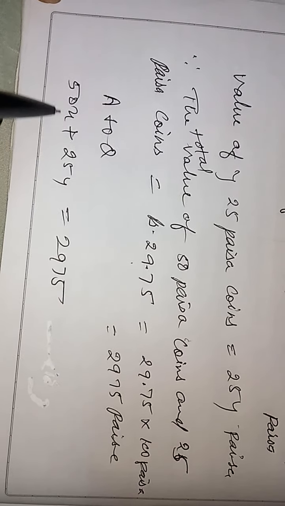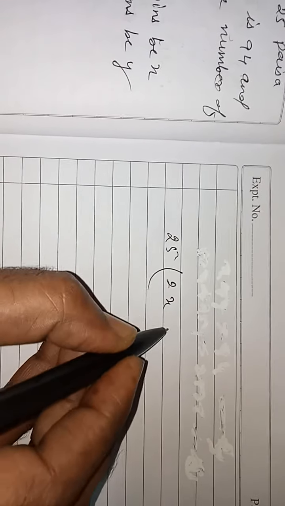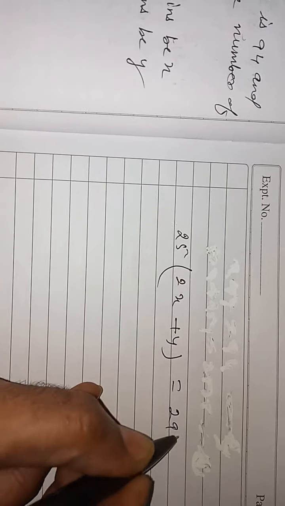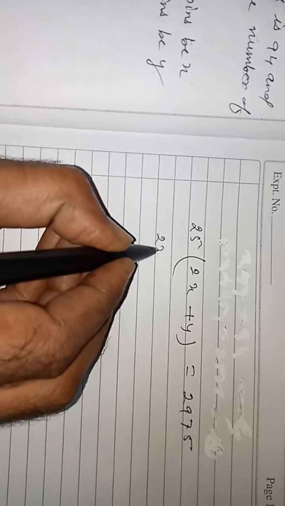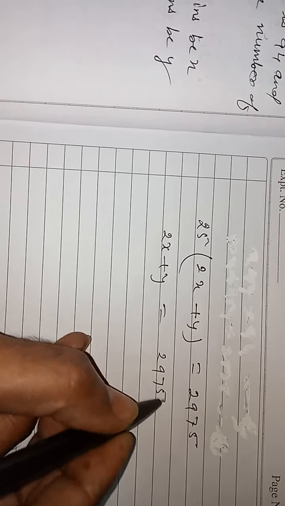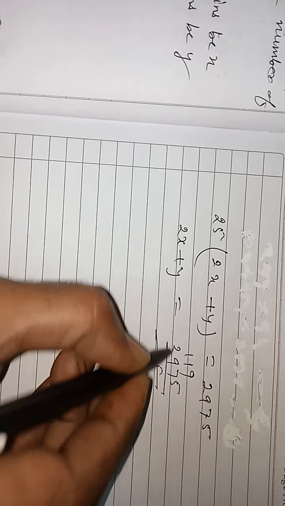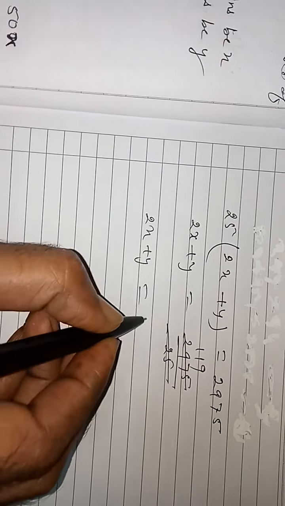Taking 25 as common, we get 25(2x + y) = 2975. So 2x + y = 2975/25 = 119. So 2x + y = 119.